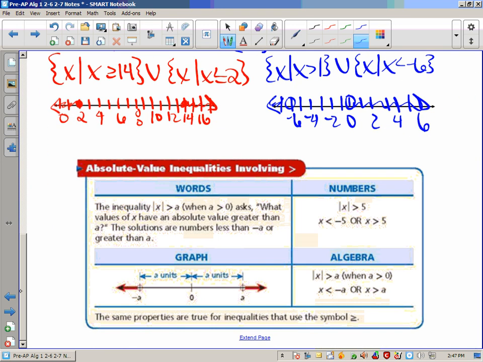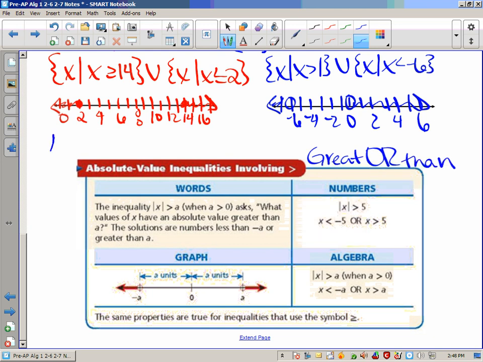So here again, here's our general rule, if you're thinking about it in terms of rule. When I have greater than, it's asking what values of x have an absolute value greater than a, whatever your number value is. I remember it this way. Greater than.